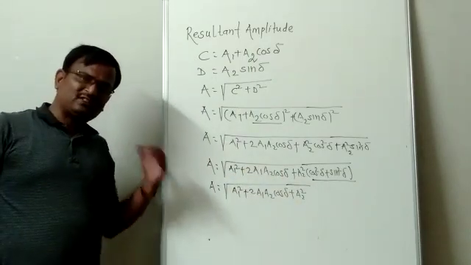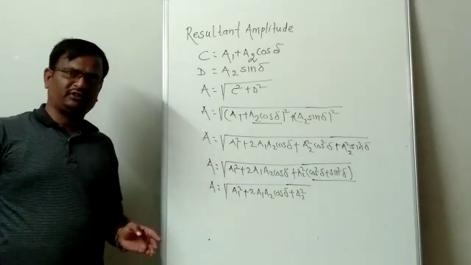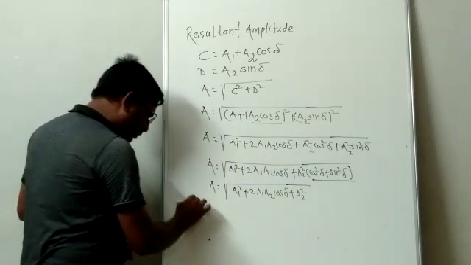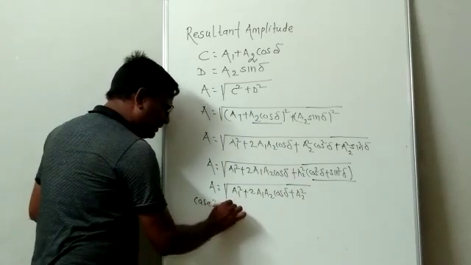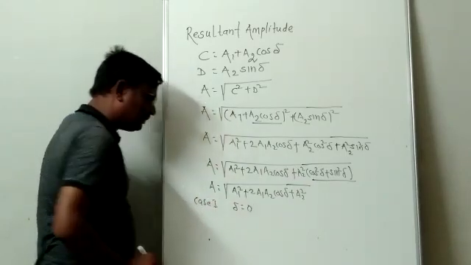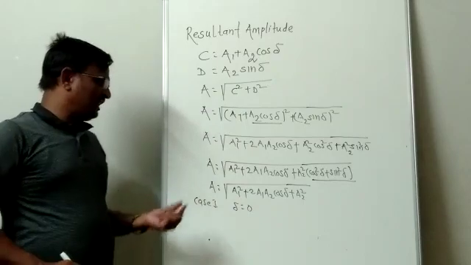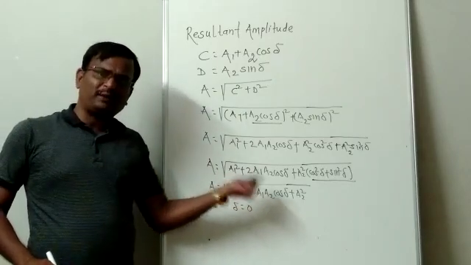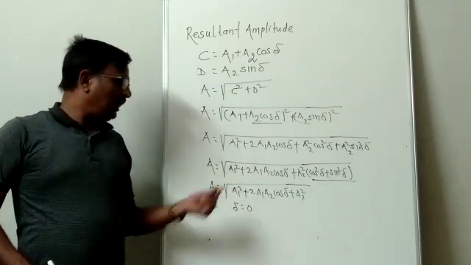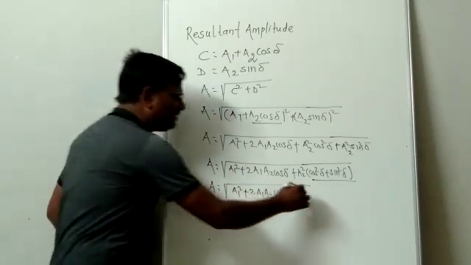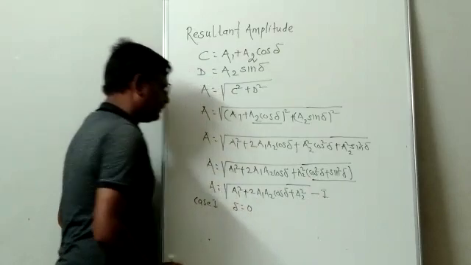I am going to examine this amplitude under two conditions. Condition number 1: if I take delta is equal to 0, it means the two SHMs are in the same phase. I am going to put this value in equation number 1.